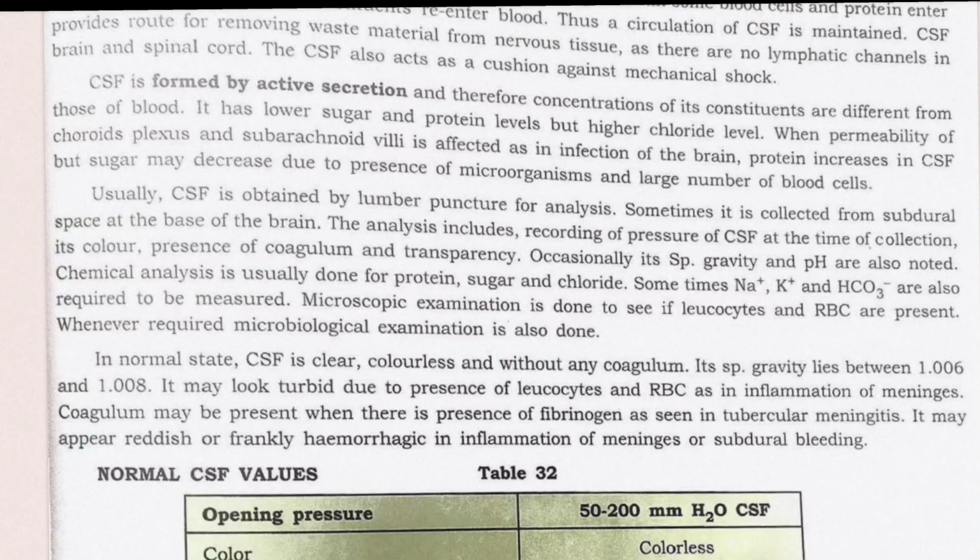Occasionally its specific gravity and pH are also noted. Chemical analysis is usually done for protein, sugar and chloride. Sometimes sodium, potassium and carbonate (CO3) are also required to be measured.